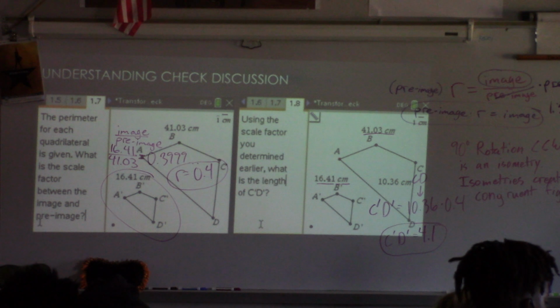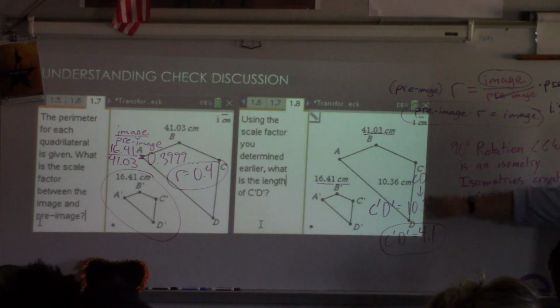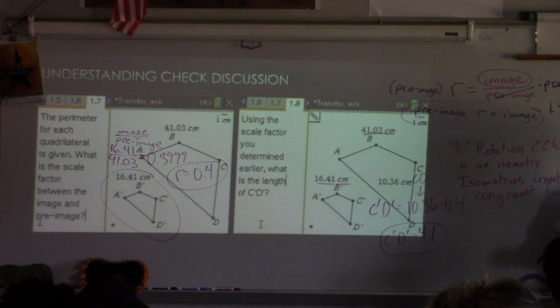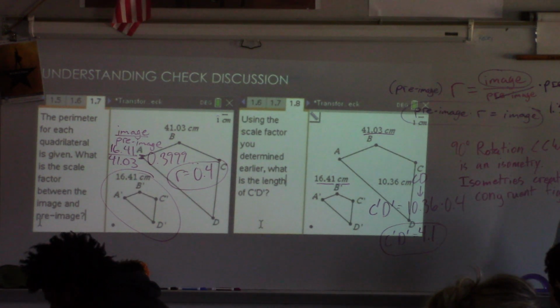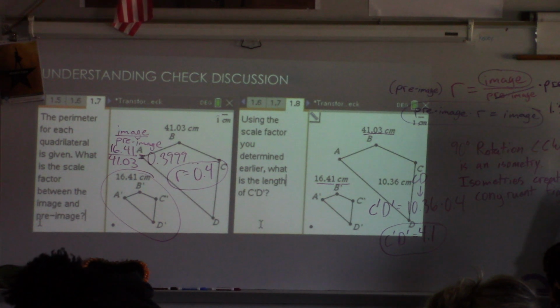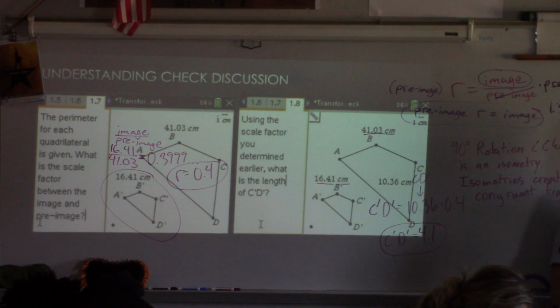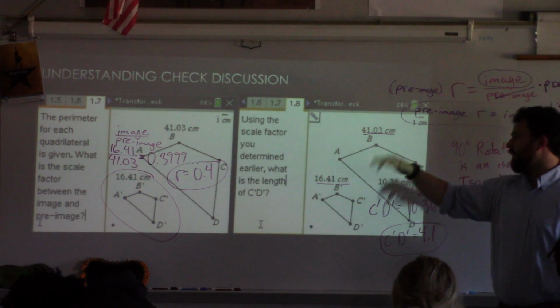Yes, ma'am. So, on number 8, you multiply the scale factor by what? Well, I multiplied the pre-image value CD times the scale factor. I got that. What did you get, 2.5 on 1.7? So what you probably did is you accidentally took the 10.36 and divided it by 2.5.